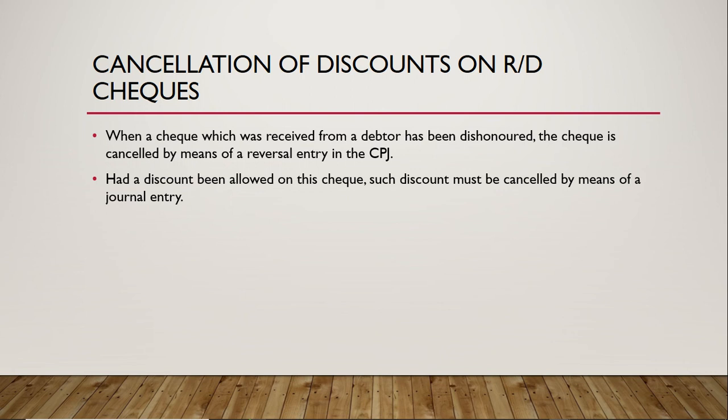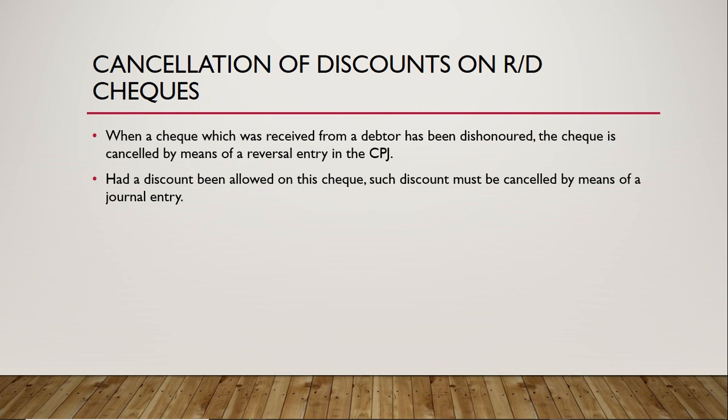We do have a column for debtors and we do have a column for discount allowed. So under discount allowed in the CRJ, you will record the 500, and under receipts, you will record 3,000.